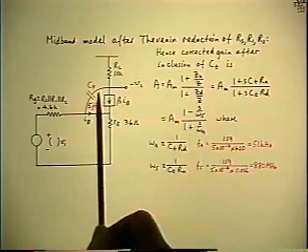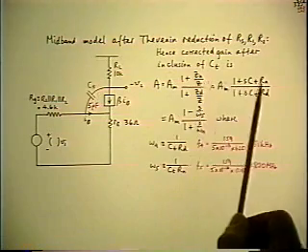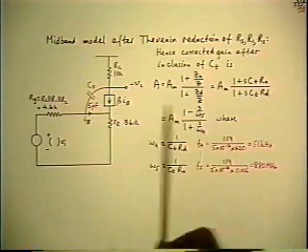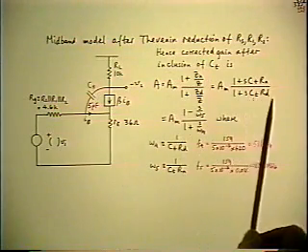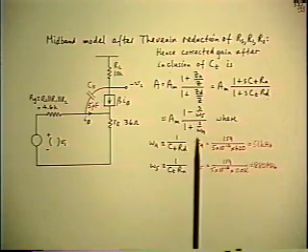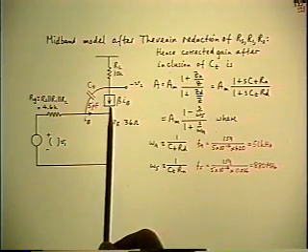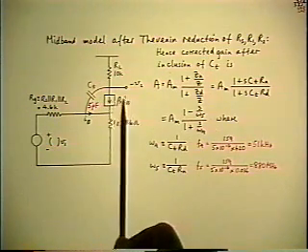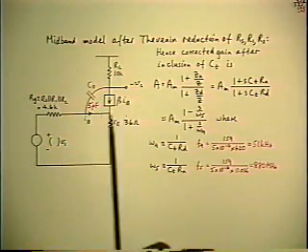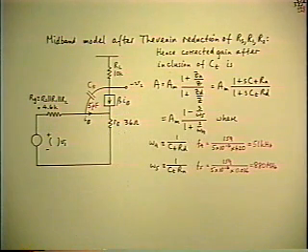The 1 over Z is SCT, and the Zn is Rn. And in the denominator, 1 plus SCT RD. So once again, the correction factor gives you the 0 and the pole immediately, because this is the special case where the reference circuit is all resistive and the extra element is a pure reactance.